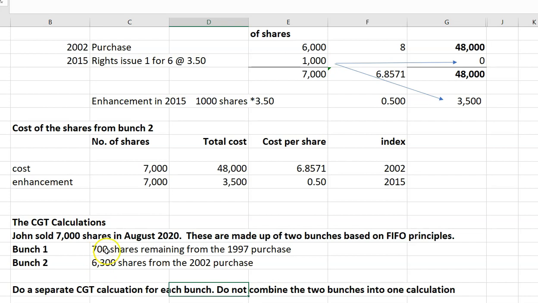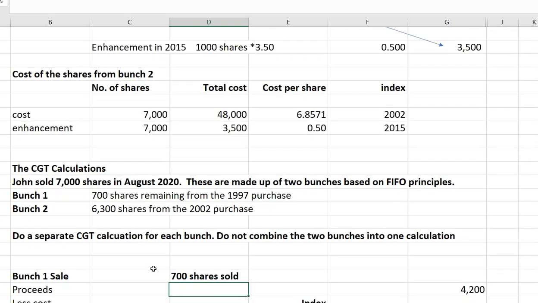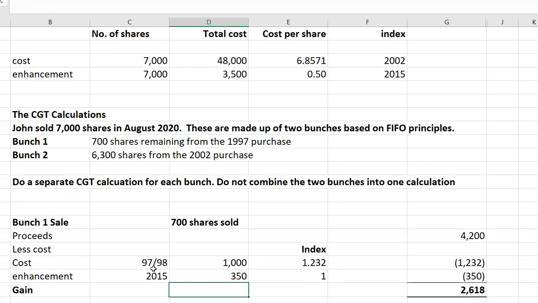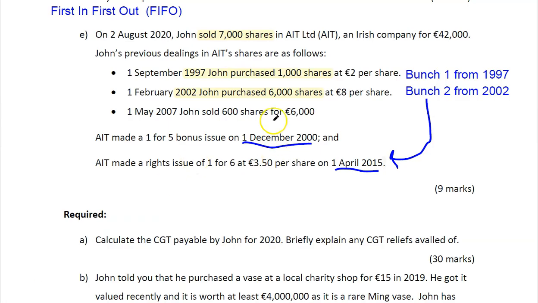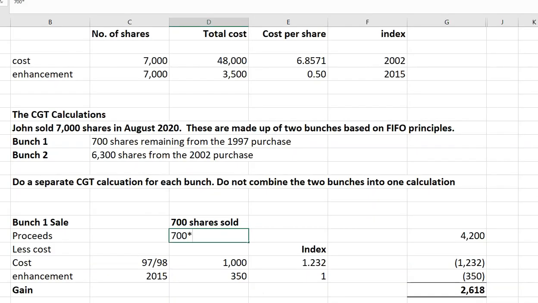So those 700 shares will be 700 multiplied by, and what were they sold for? We sold for 42,000 divided by 7.